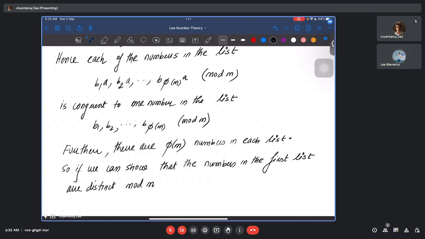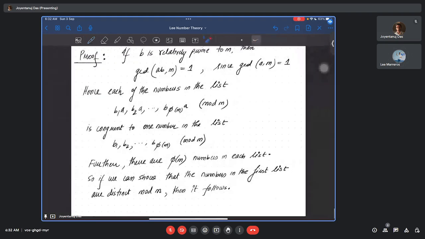Till now what we have shown is congruent. If we can show that all the numbers in this first list are distinct, not congruent to each other, then since this list has phi(M) numbers and this list also has phi(M) numbers, as lists they will be the same.